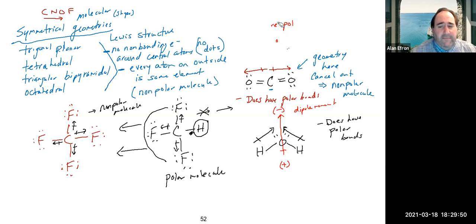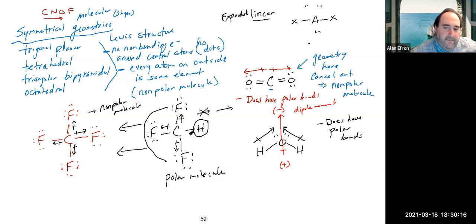So if we look at something like linear, and the linear I'm talking about is the expanded linear. And if you remember, that is our guy kind of like this. Maybe a little dot, dot, dot, dot, dot, dot type situation.